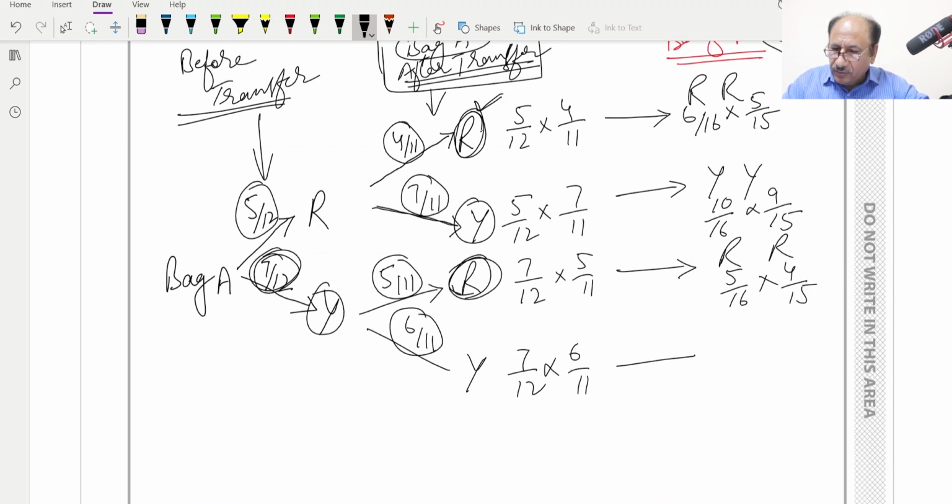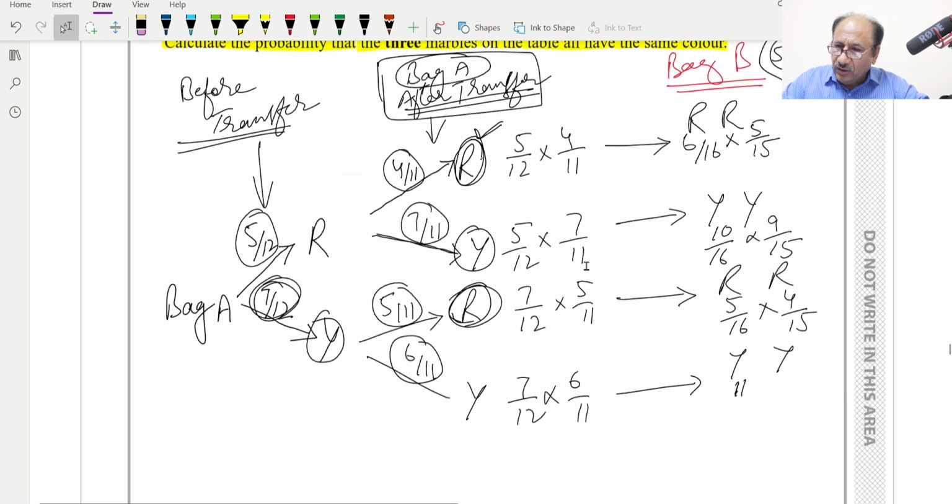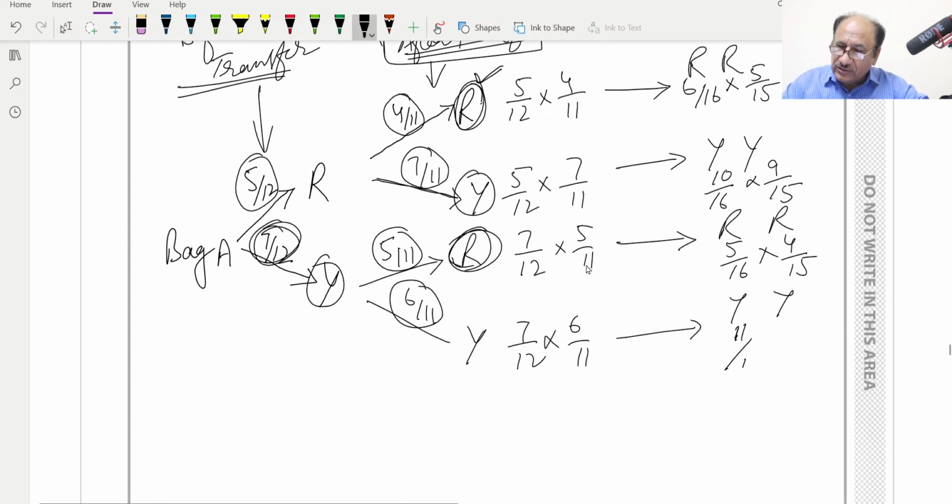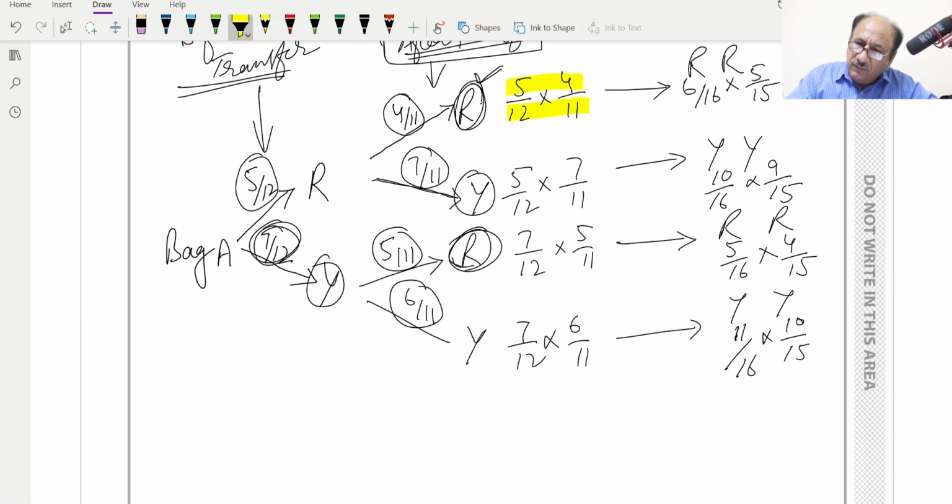And for this we will require yellow and yellow, and yellow is 11 because 10 was already there and now we got one more, so 11 out of 16, and the second one will be 10 out of 15, one less. Now what we have to do is just multiply these terms, and I will multiply this one with this one.